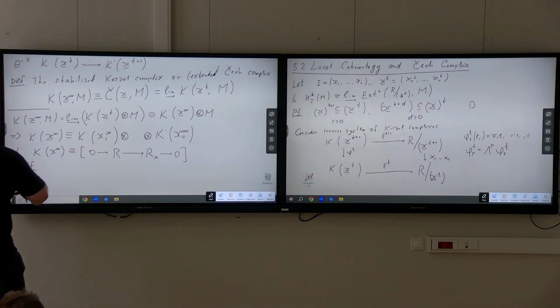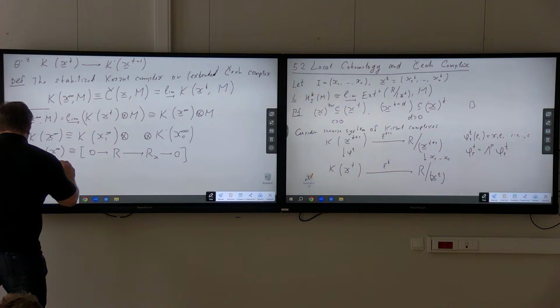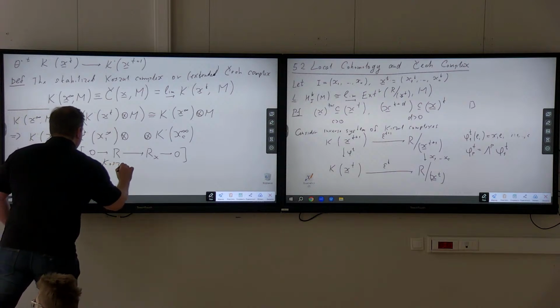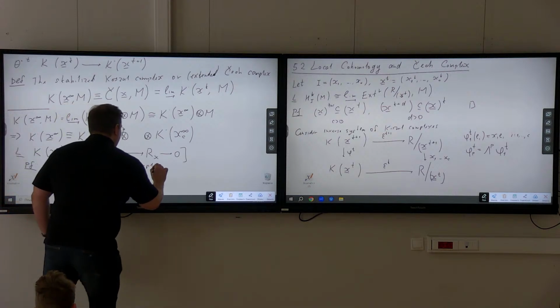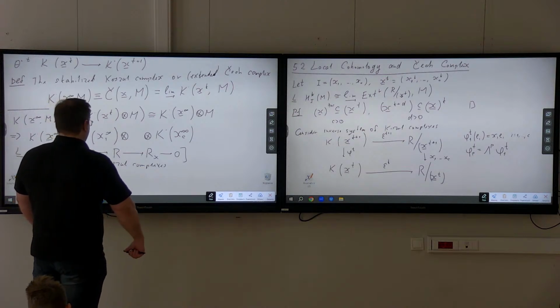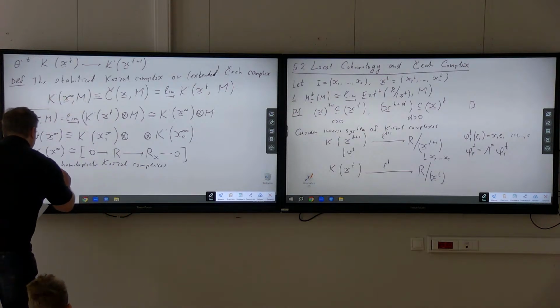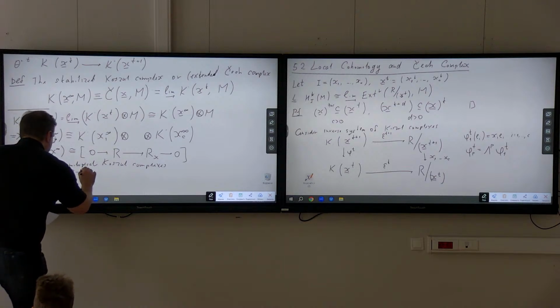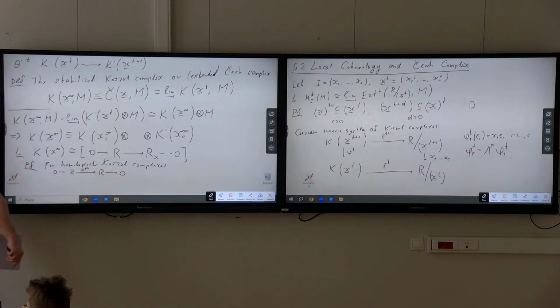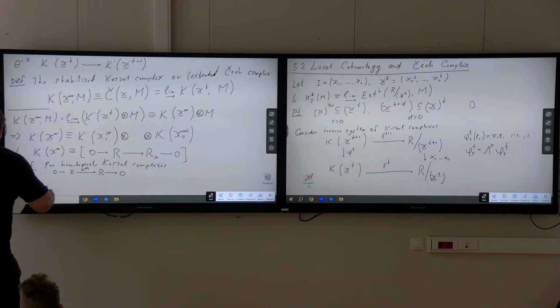So for homological complexes, I don't have space here, maybe I try to write here. We have the following: 0, then multiplication by x to the power t plus 1, then R, then 0. This is just the Koszul complex for the element x to the t plus 1. It's not very visible, sorry for that.